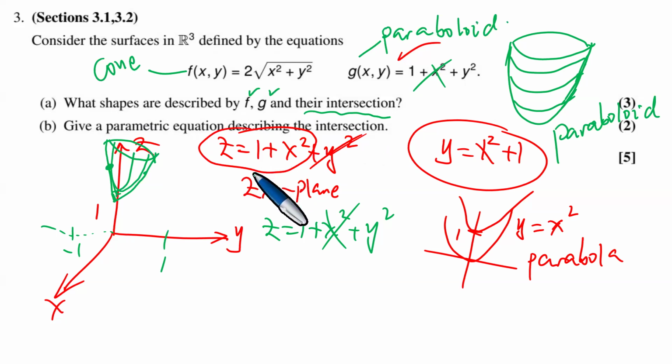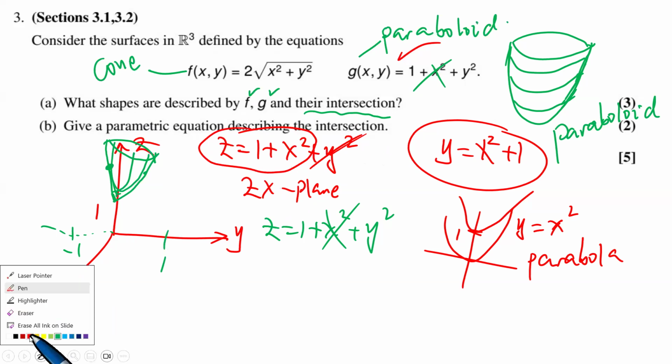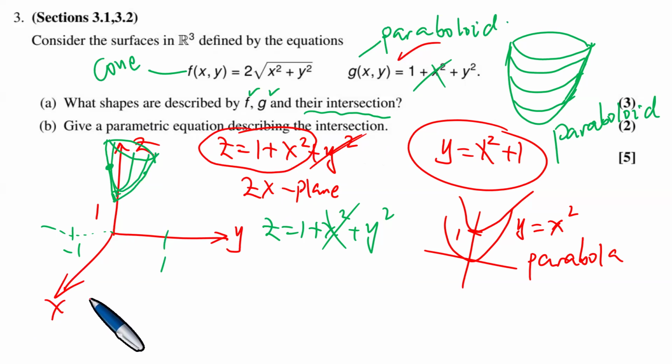Okay, let us intersect them and see what happens. You draw them on the same set of axes, and you'd have the following. Here is the cone, in a different color.